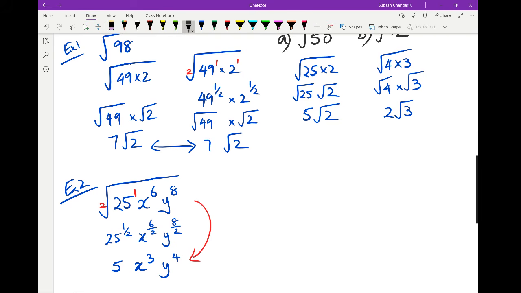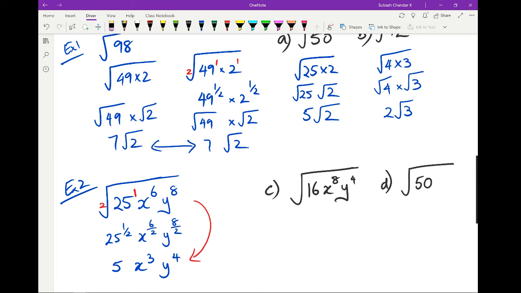So I'll give you guys, as always, a couple of questions to try and do. So we are going to do square root of... Okay, I've set up 2 questions there for you guys.